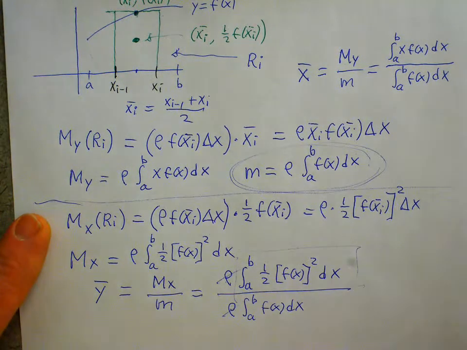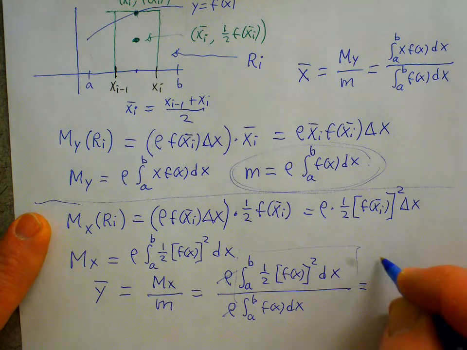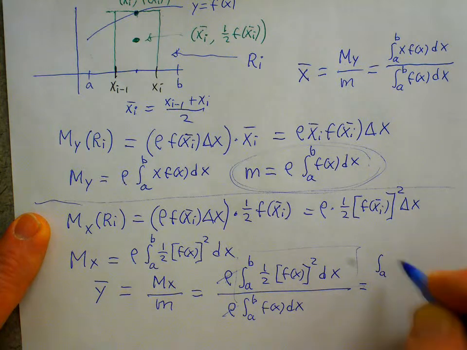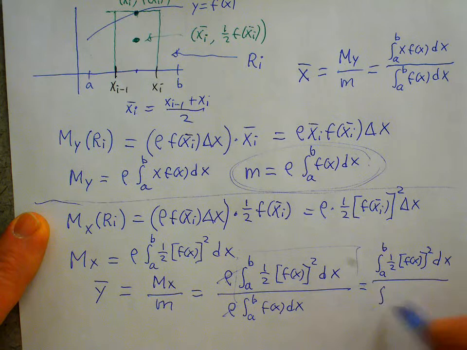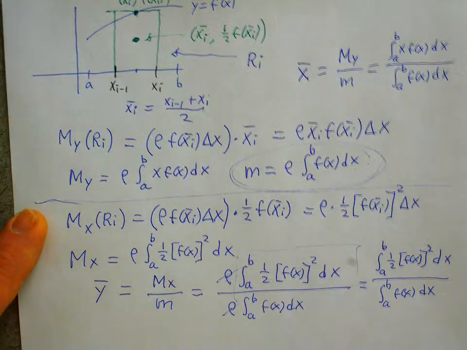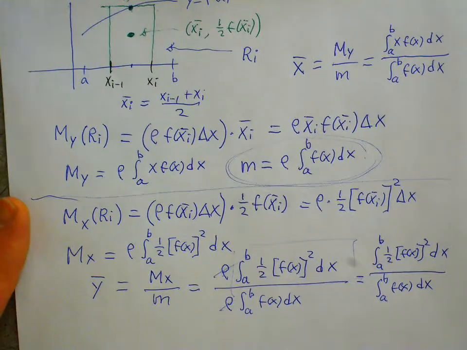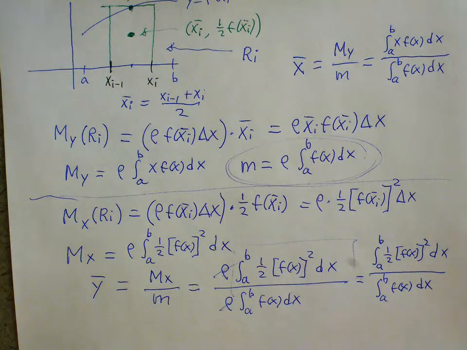I guess I can go ahead and write it. After the rhos cancel, we get the definite integral from a to b of 1/2 times f of x squared dx, divided by the area of the region, the definite integral of f of x from a to b. Okay, so those are pretty easy formulas for the center of mass to memorize.